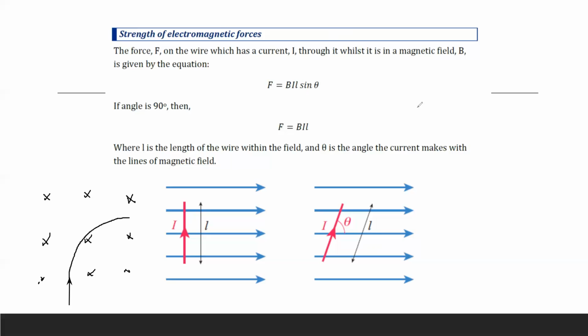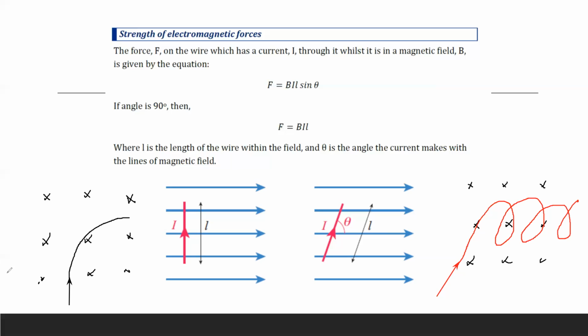But if it is making a certain angle when it enters the magnetic field, then the velocity will have two components, horizontal and vertical. So it will be a spiral, meaning it will move in a circular path as well as move towards the right or left according to the component.